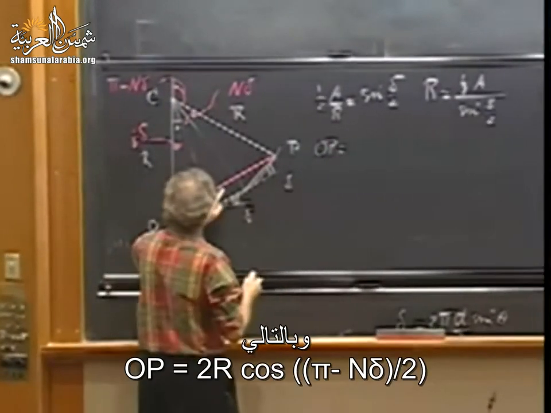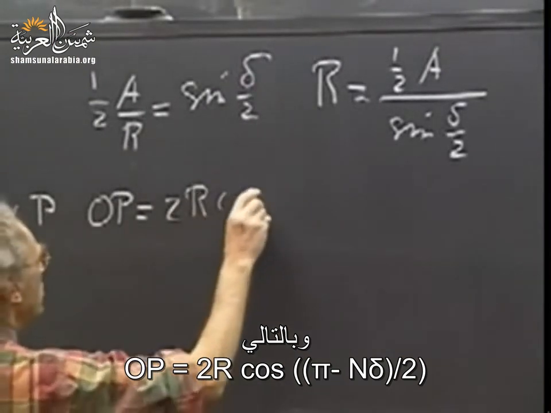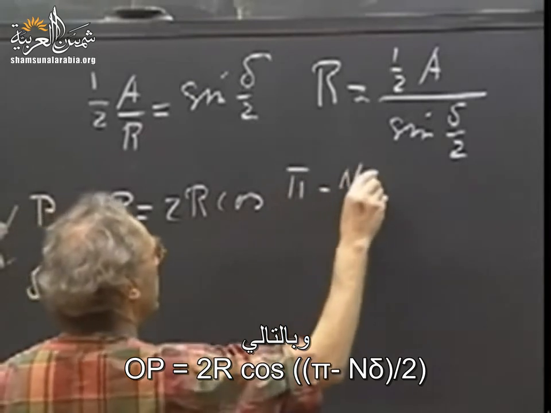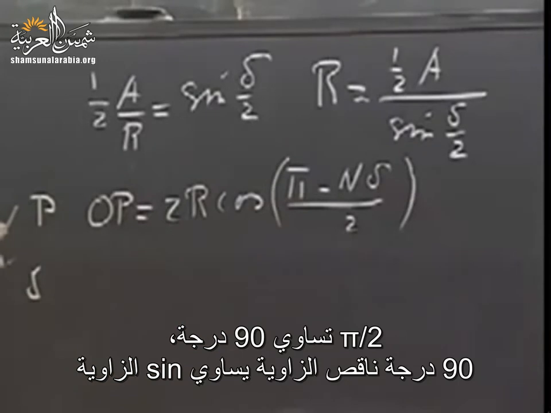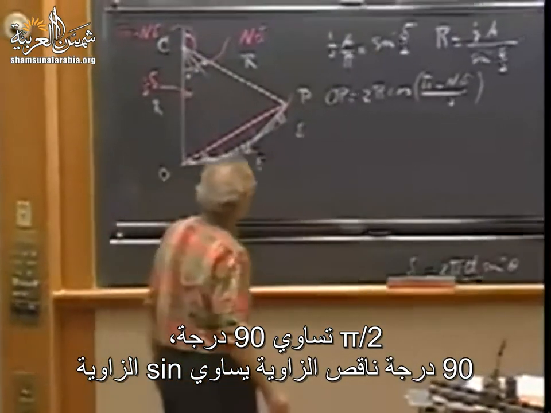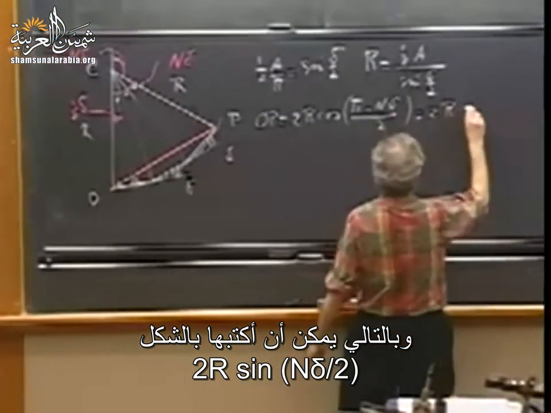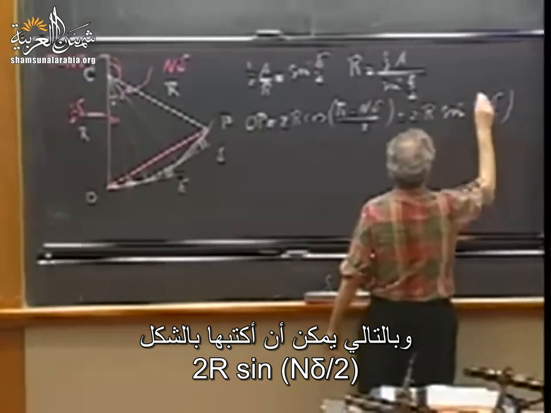And therefore, this length here is 2r times the cosine of half that angle, pi minus n delta divided by 2. But pi over 2 is 90 degrees, and 90 degrees minus the angle is the sine of the angle. So I can also write for this 2r times the sine of n delta over 2.